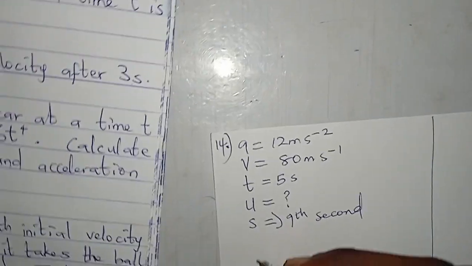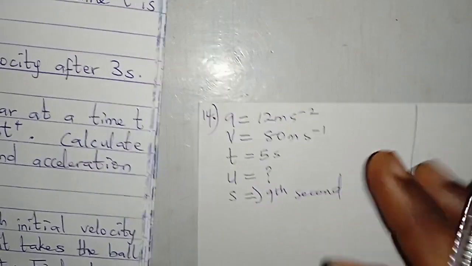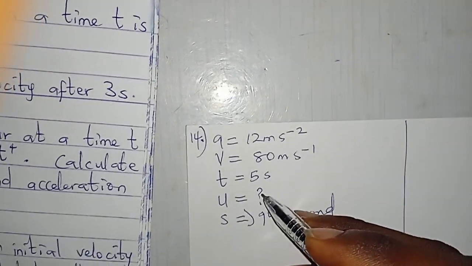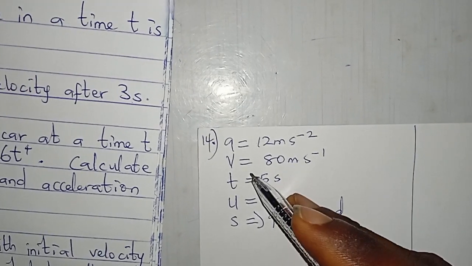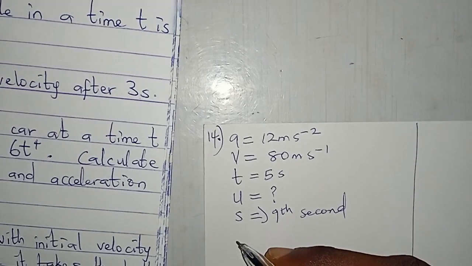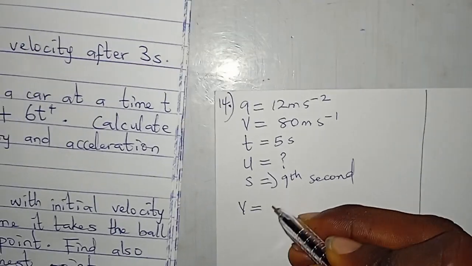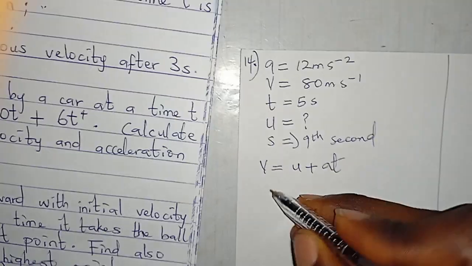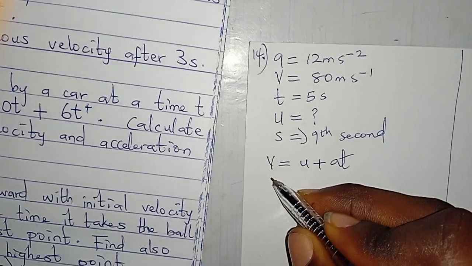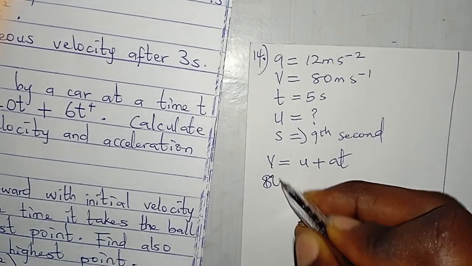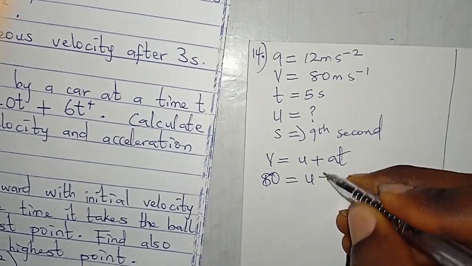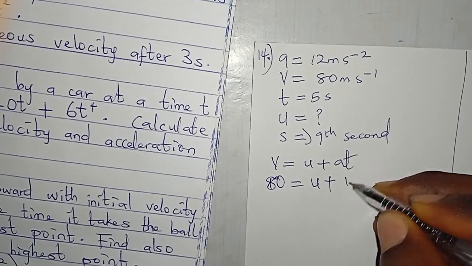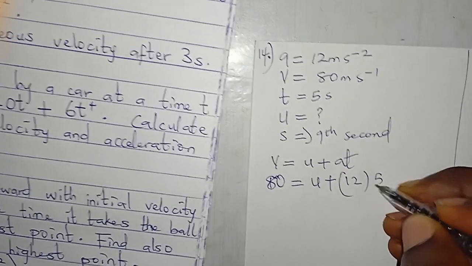First, we can employ the equations of motion. Since we don't have displacement, and we don't have initial velocity too, we can just say v equals to u plus at. Understand? So that we can now say 80 is equals to u plus 12 times 5.